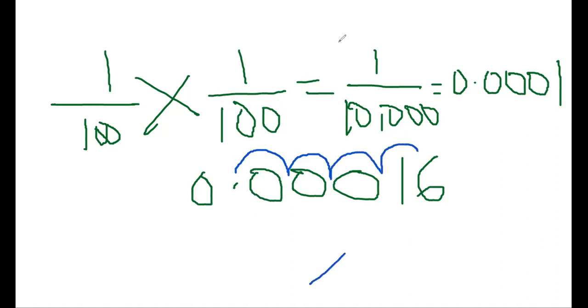So this fourth value is the pip value for AUD, NZD, EUR and GBP pairs. Let's say the exchange rate is 1.11261.